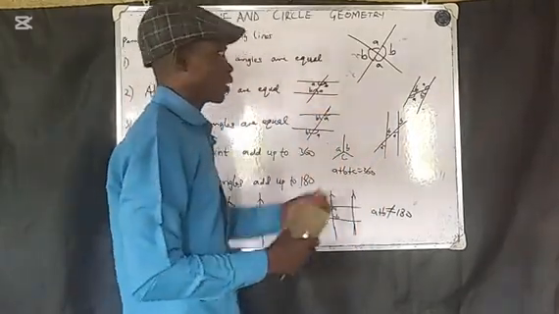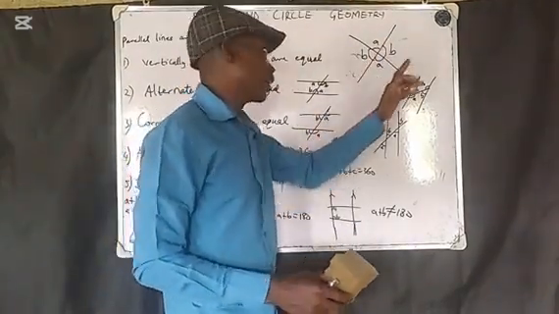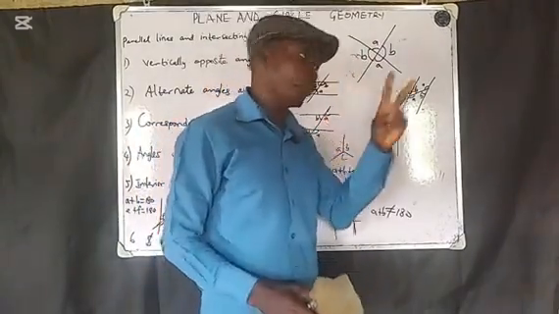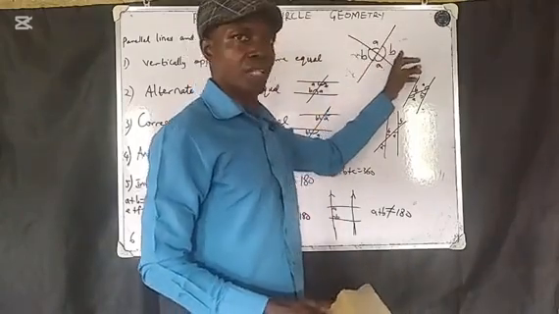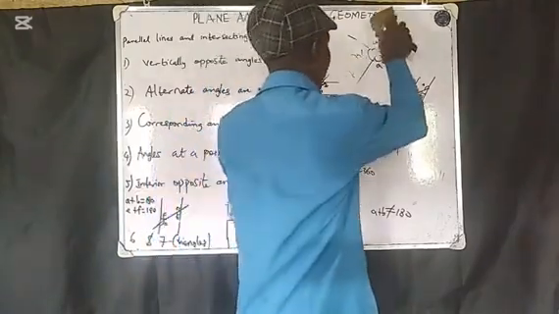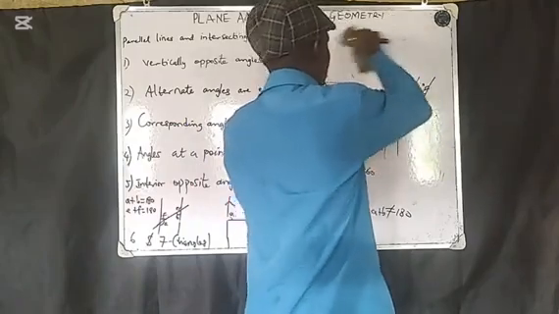So we call this rule vertically opposite angles are equal. If you know how scissors look, you'll be able to know this one. A equals A, B equals B. It's as simple as that. So we are done with the first rule under plane geometry.